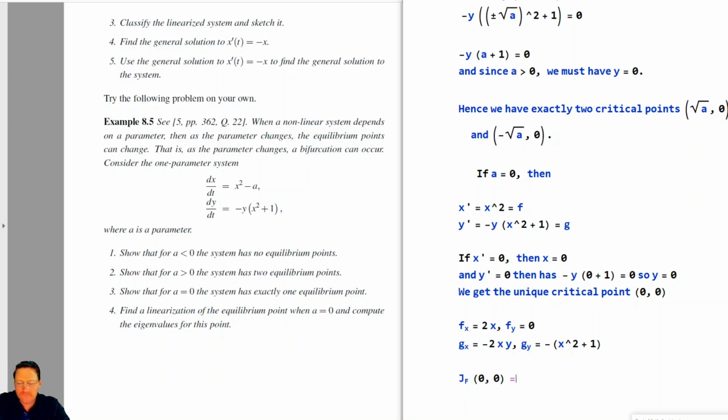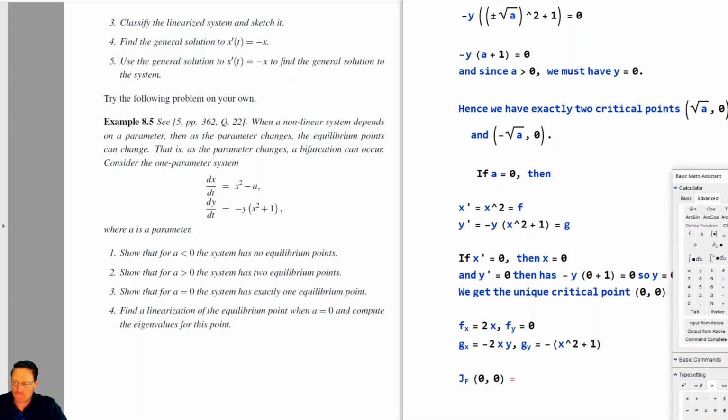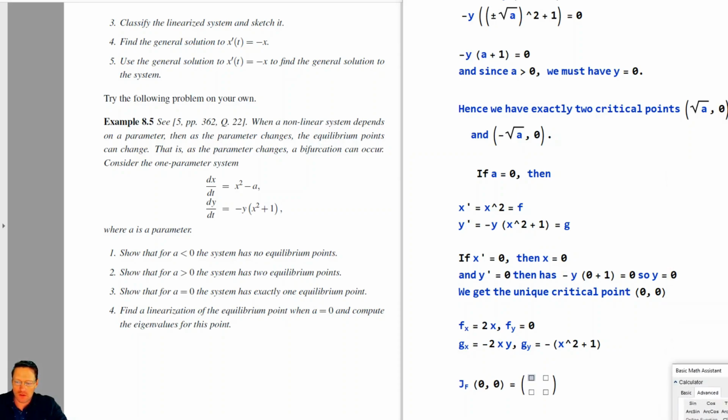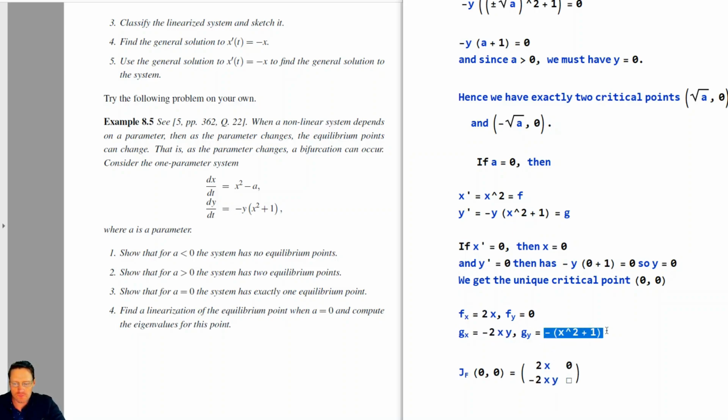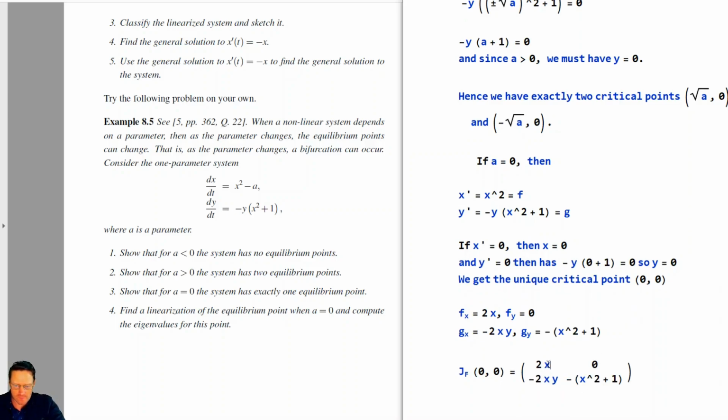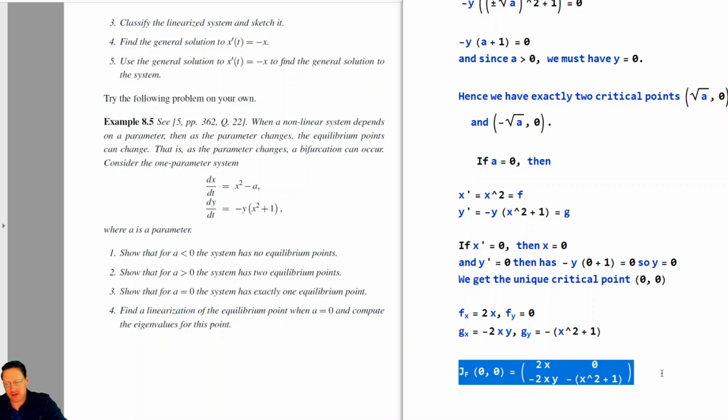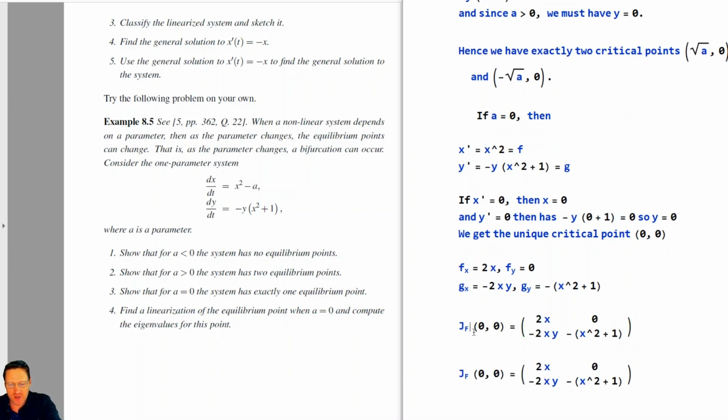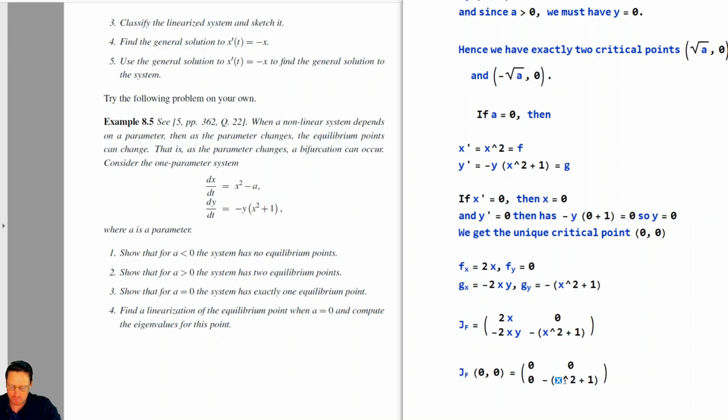All right, so now we can calculate the Jacobian matrix at our unique critical point 0, 0. So we'll take all of these, put them in the right place first. And actually, let's set out another line here, right? So the Jacobian matrix is this, and then the Jacobian matrix at 0 is this: 0, 0, 0, minus 1.